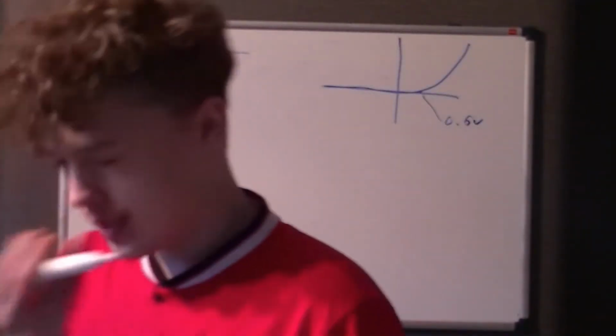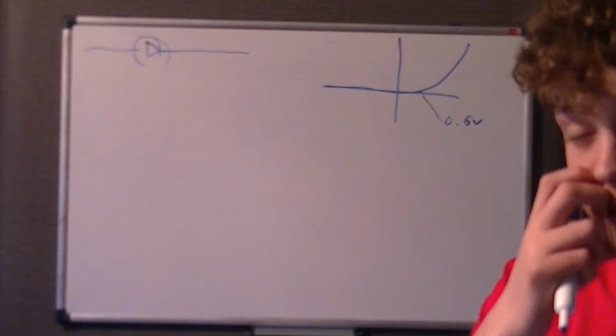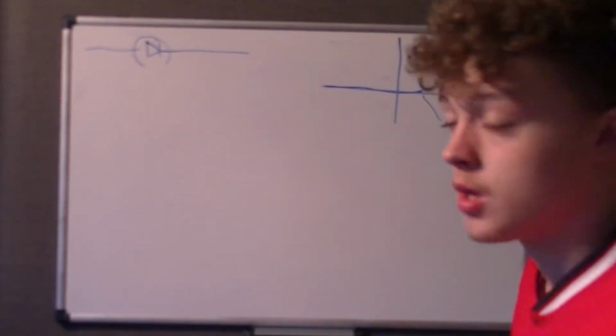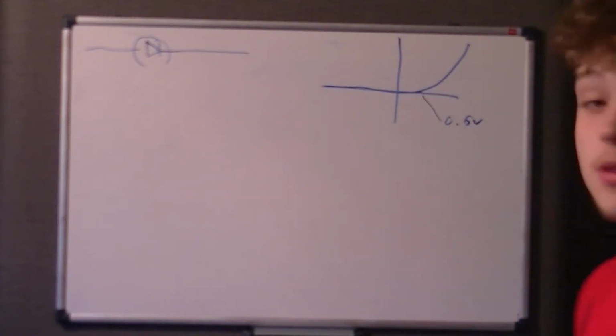Now, as I said, a diode is sort of like a resistor, but you don't have any resistance with it. Well, actually you do, but you have a potential difference of 0.6 volts for anything.